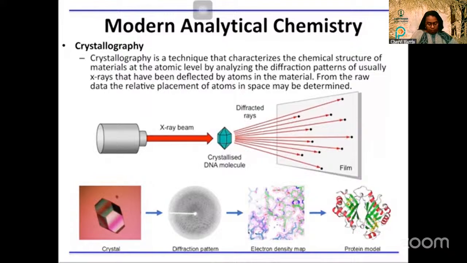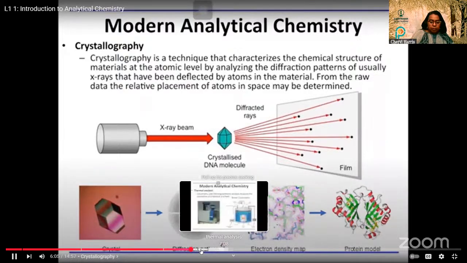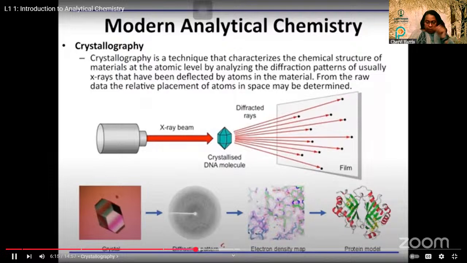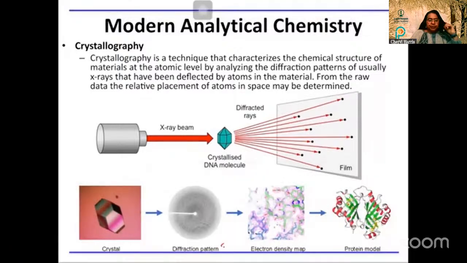The protein crystal is bombarded by an X-ray beam. The X-ray beam is diffracted and passes through the crevices of the protein crystal. The diffracted rays are detected through a film, which results in the following diffraction pattern. The diffraction pattern is calculated using a mathematical model called Fourier transform, which can eventually lead to the determination of the 3D protein structure.